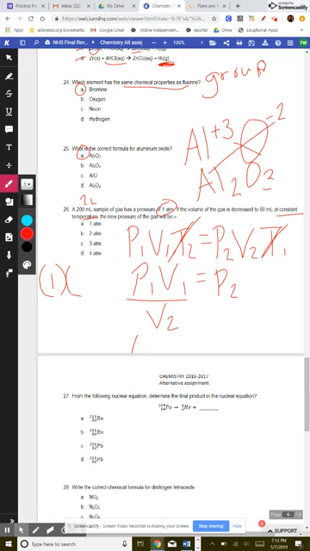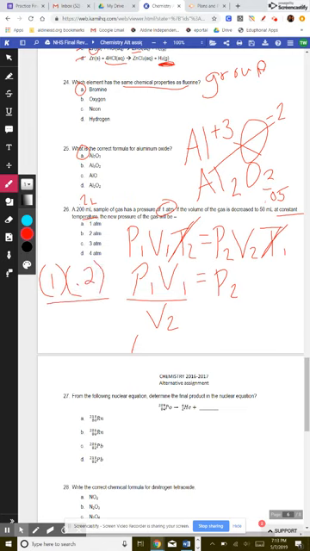Same thing here, if I wanted to change this to liters to be more comfortable, I can do that. So be careful with this one though, because 50 divided by 1,000 is 0.05. Okay, so V1, volume 1 was 0.2.